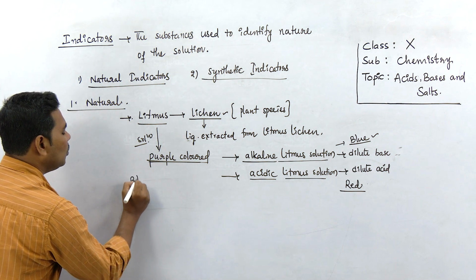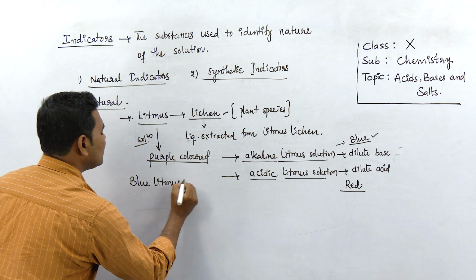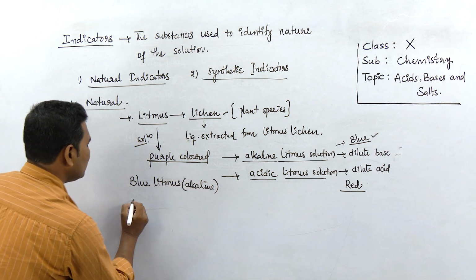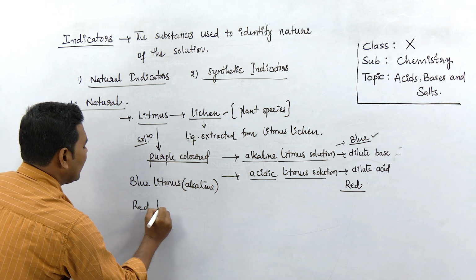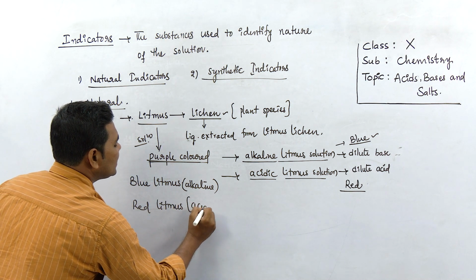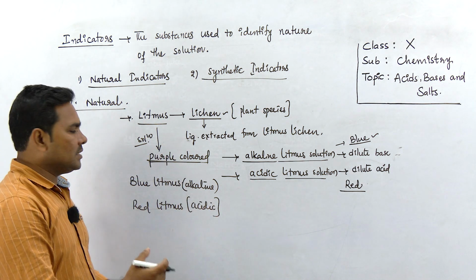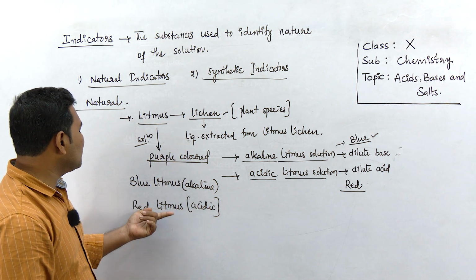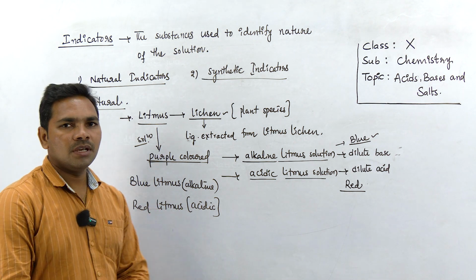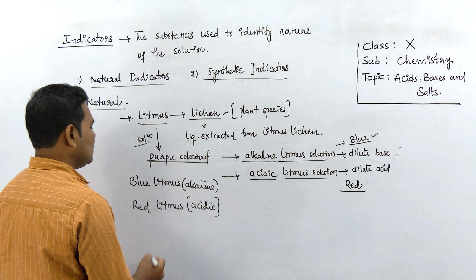One is blue litmus, which is alkaline in nature. Second one is red litmus, which is acidic in nature. The purple colored litmus solution has changed to blue litmus and red litmus.